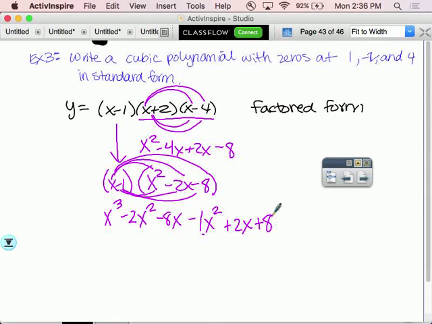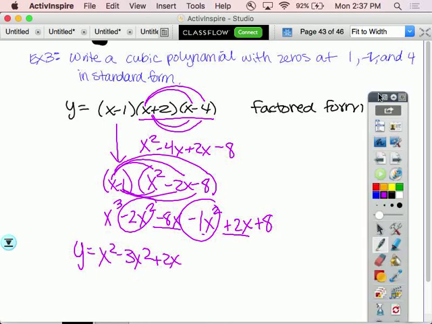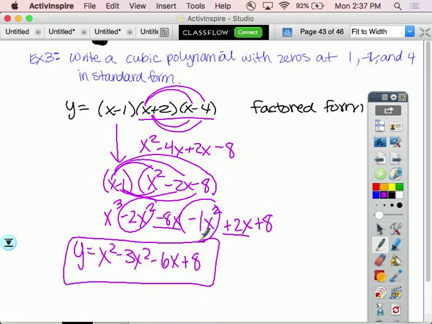And that's going to give you y equals x cubed. Put your x squared terms together. Then you've got a 2x. And what happens with the, oh wait, there was a minus 8x there. So minus 8x plus 2x is minus 6x. And this is what you get. That is a cubic polynomial in standard form.